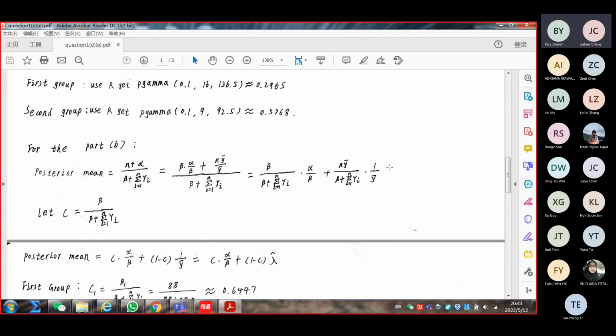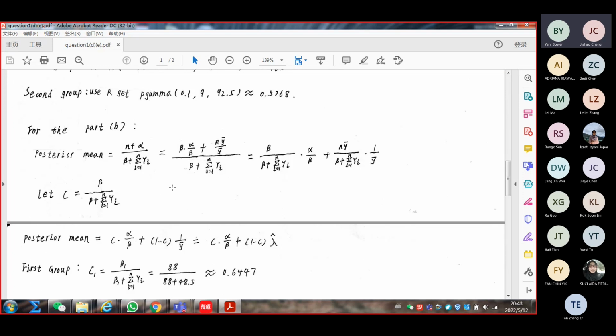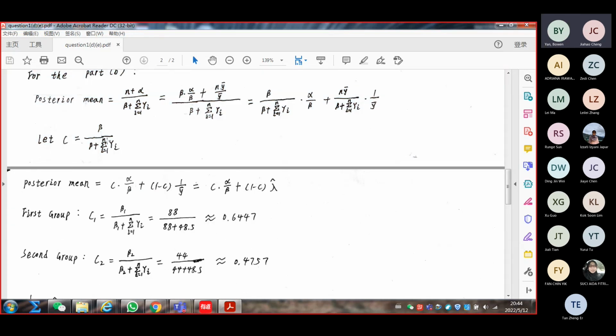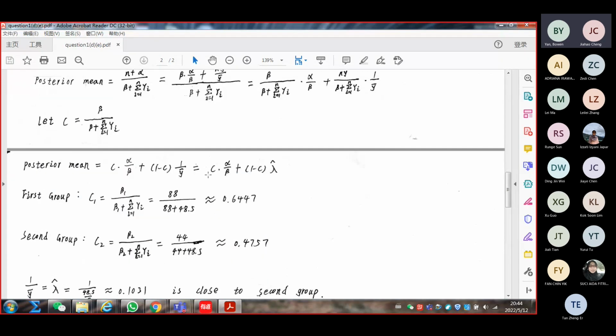For the questions, we should think about part B. We can get the posterior mean equal to this. Now, then we let C equal to this, and then we can get the posterior mean equal to C point.